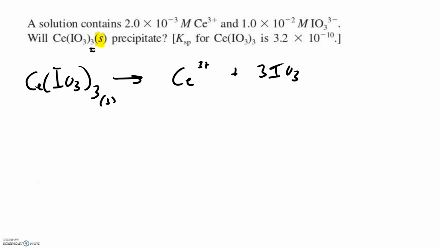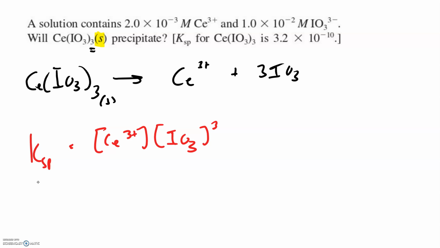Will this precipitate? KSP is equal to the concentration of cerium times the concentration of the iodate ion raised to the 3rd power, because there is a coefficient here. And it tells us right here that the KSP is 3.2 times 10 to the negative 10th.